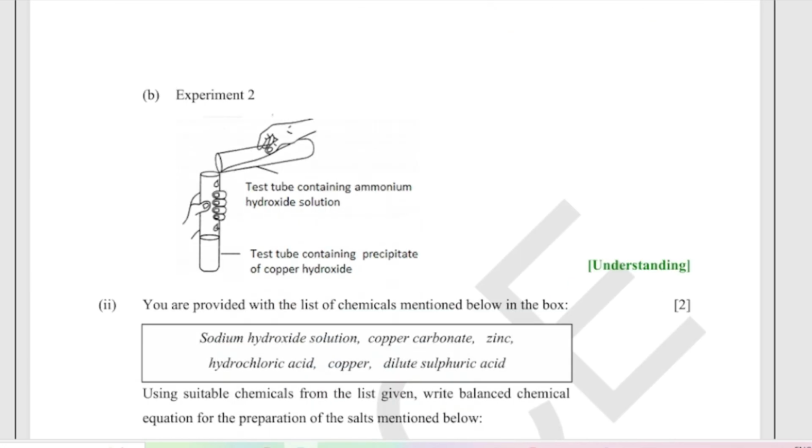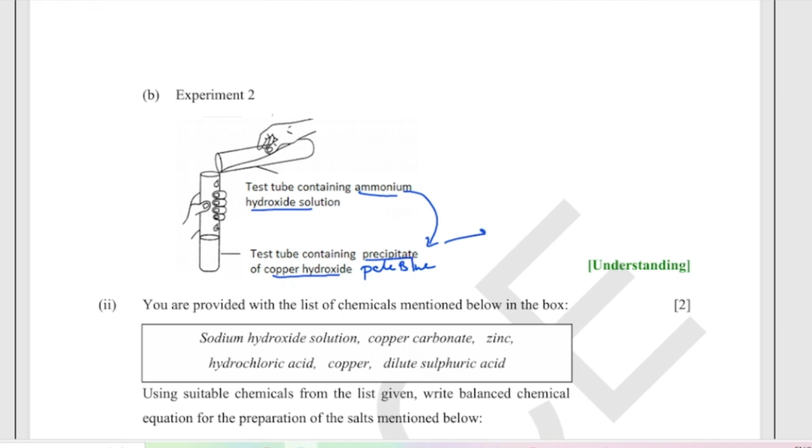Next, second experiment. Here the test tube contains ammonium hydroxide solution, which is added to another test tube which contains some compound. Now, the test tube contains a precipitate of copper hydroxide. So now you are adding ammonium hydroxide to a precipitate of copper hydroxide, which is a pale blue precipitate, and again you are adding ammonium hydroxide to this.